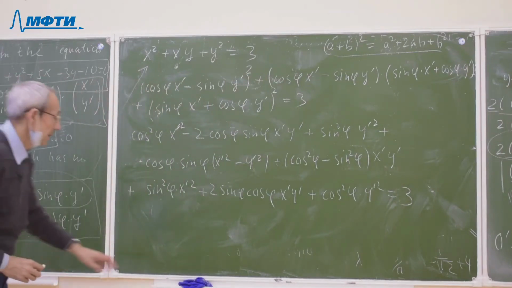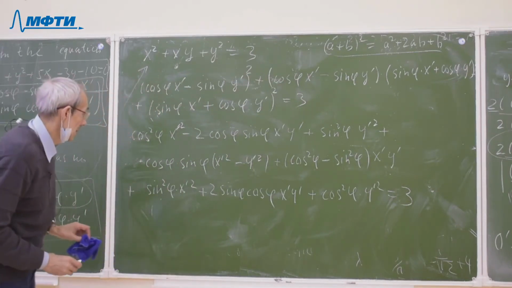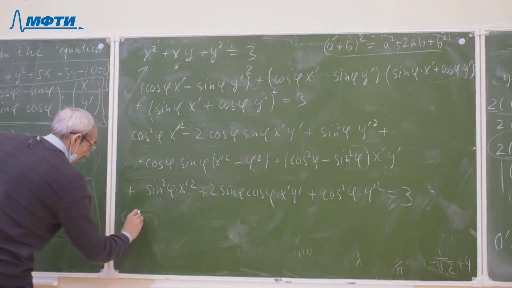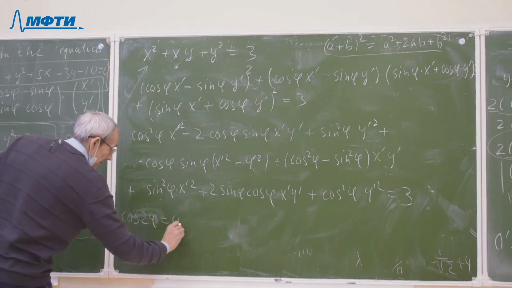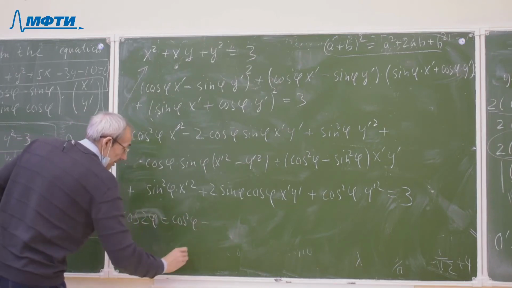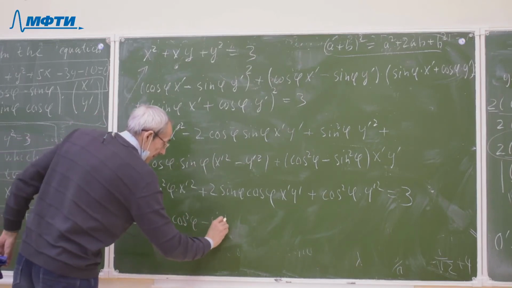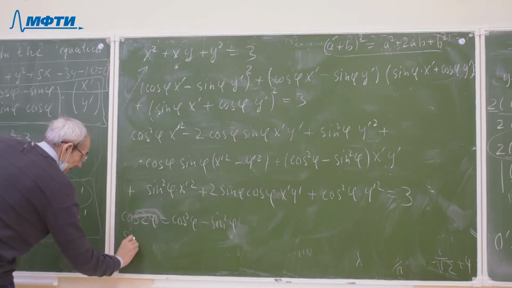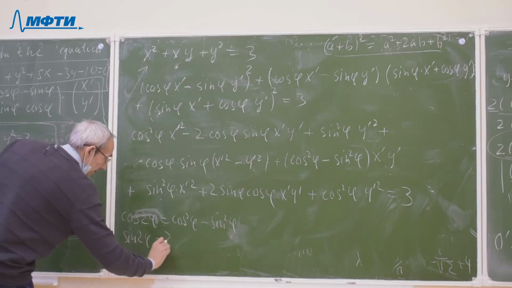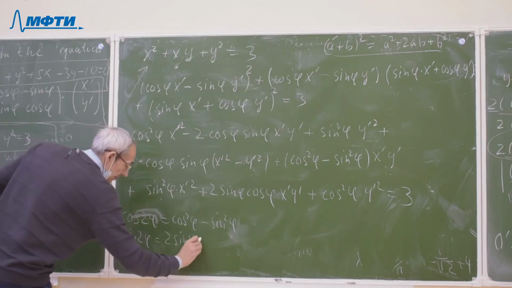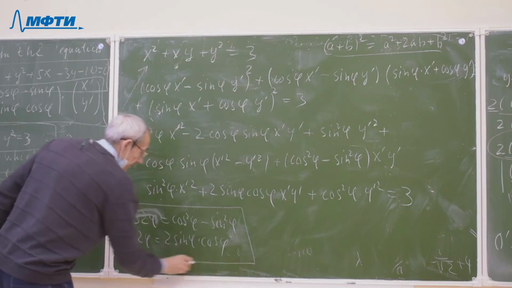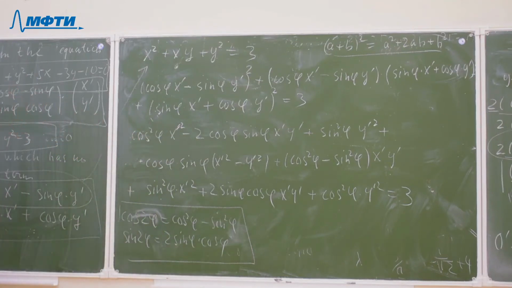And let's use the following formula. We have cosine 2 phi is equal to cosine square phi minus sine square phi, and sine 2 phi is equal to 2 sine phi cosine phi. We have the following simple formula.